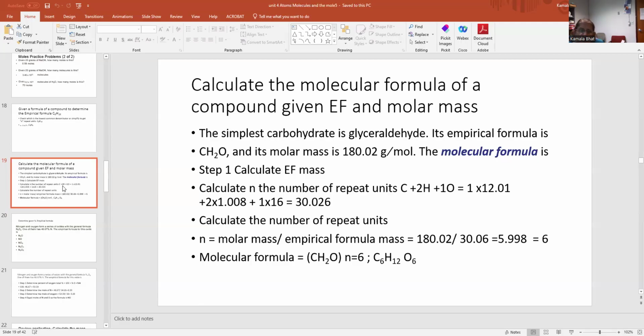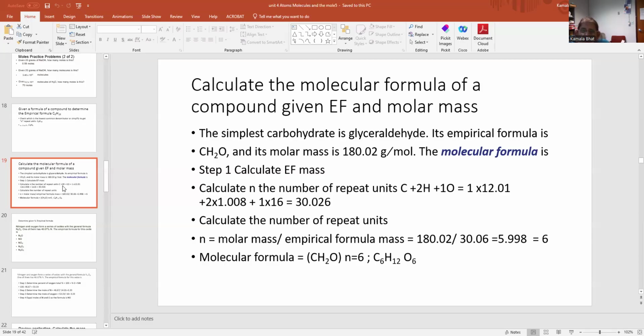First thing we have to do is calculate the empirical formula mass. So in the empirical formula, we see that we have 1 carbon, 2 hydrogen, and 1 oxygen. So 1 times 12.01 plus 2 times 1.008 plus 1 times 16 gives you a total of 30.026. Now you calculate the number of repeat units. How do you calculate that? The number of repeat units is calculated by dividing the molar mass given to you by its empirical formula mass.